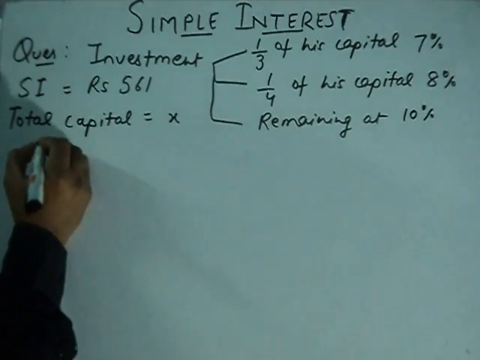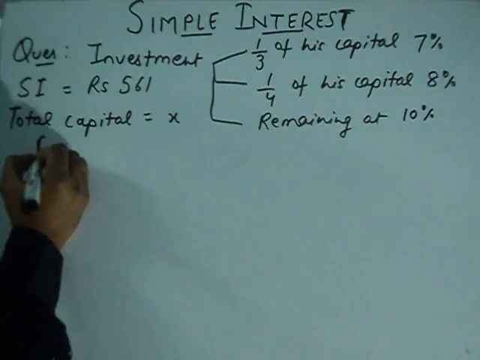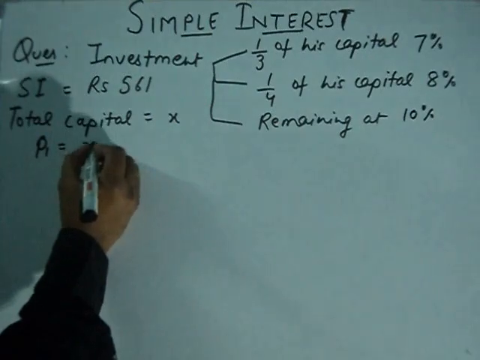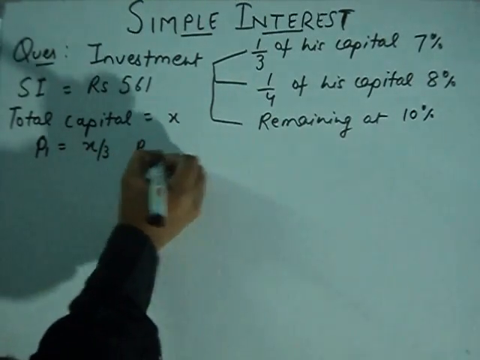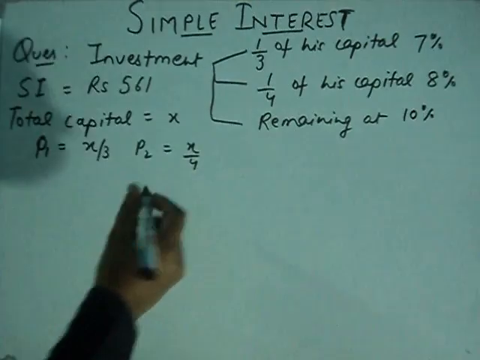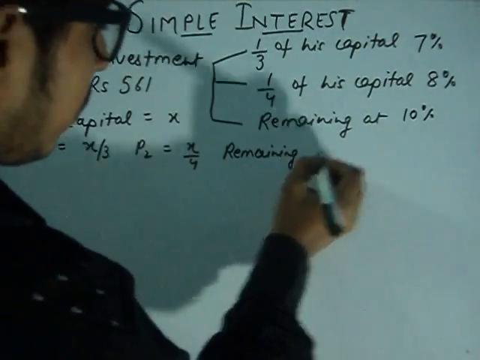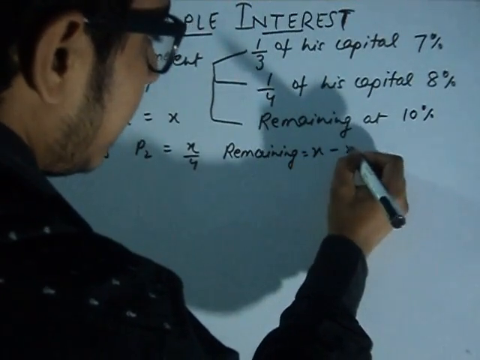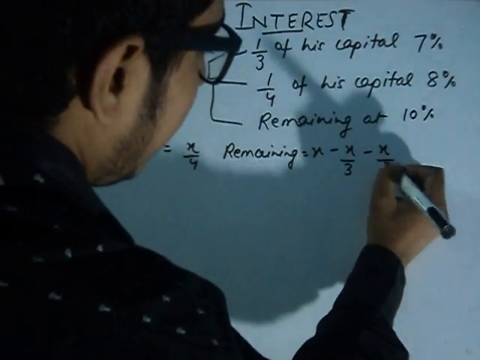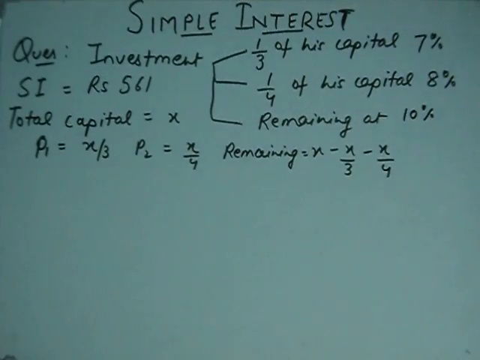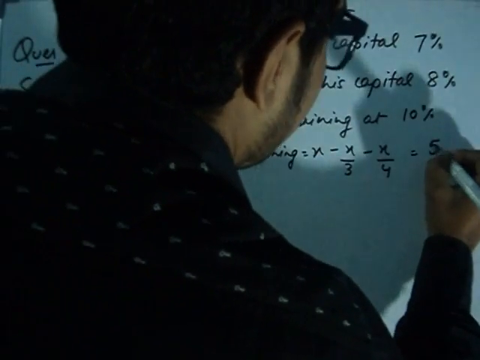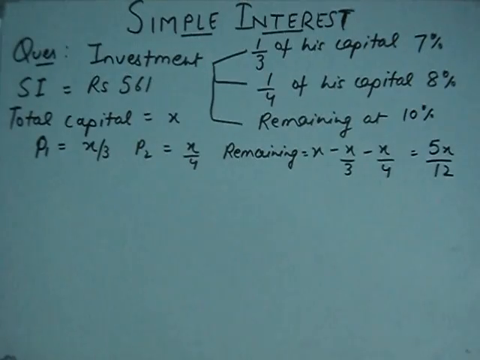In the first case P1 is x by 3, P2 is x by 4, and our remaining value is x minus x by 3 minus x by 4, so we get our remaining value as 5x by 12.